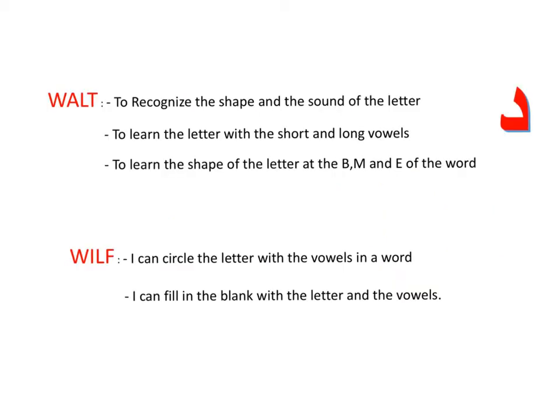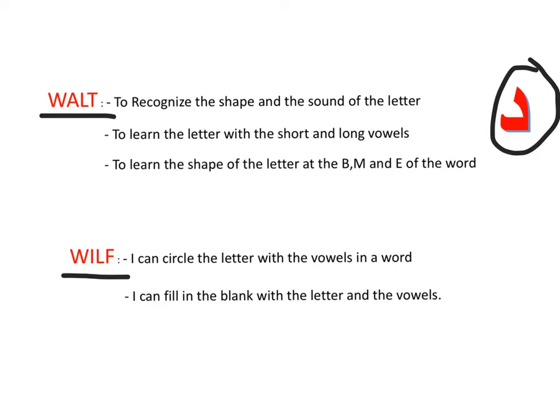First, let's agree on the meaning of WALT and WILF. WALT is what I am learning today, and WILF is what I am looking for. What I am learning today is to recognize the shape and the sound of the letter D, to learn how to read it with short and long vowels, and to learn how to recognize the shape of the letter D at the beginning, middle, and the end of the word.